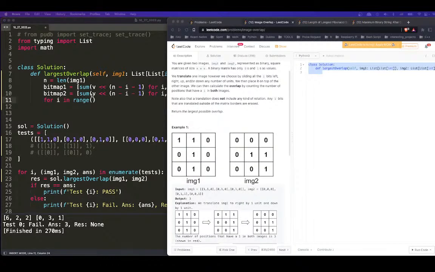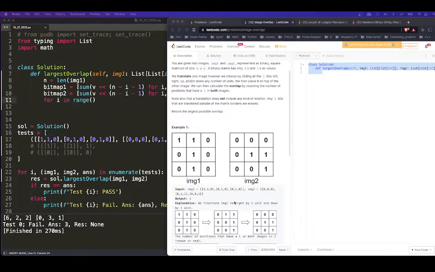So what will be the range? Let's think about the position, right? So we start with 0, 0, 0, right? And 0, 1, 2, and all the way to 2n minus 1.